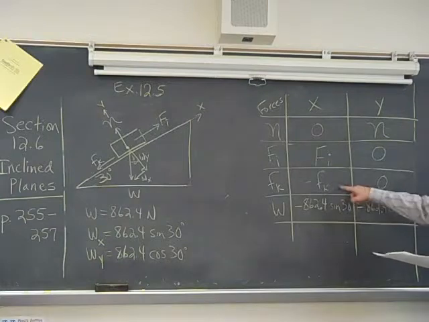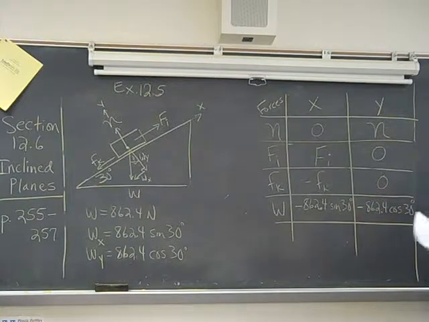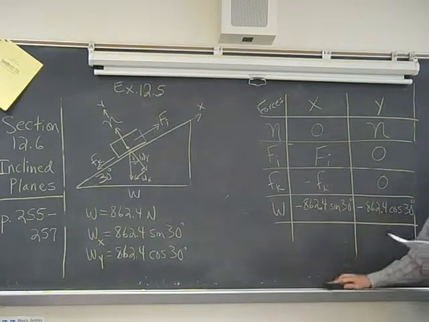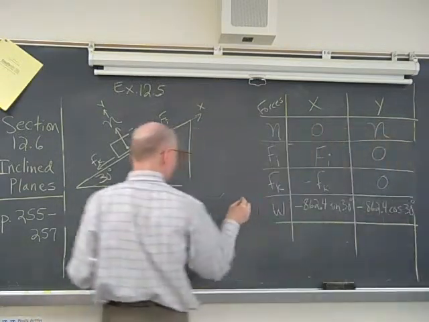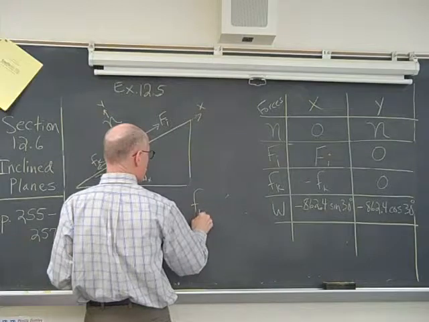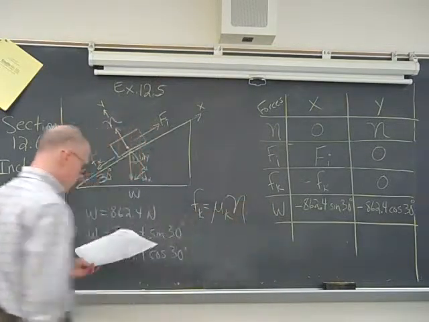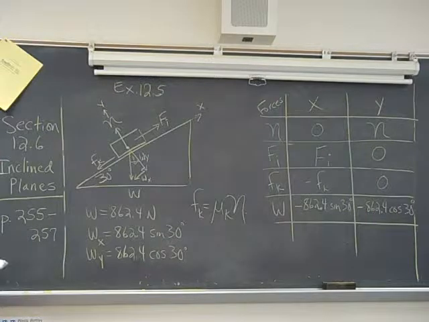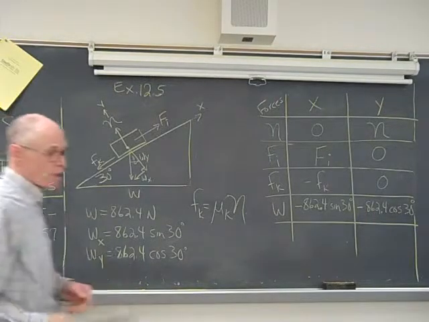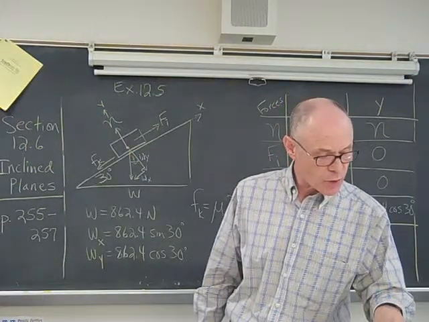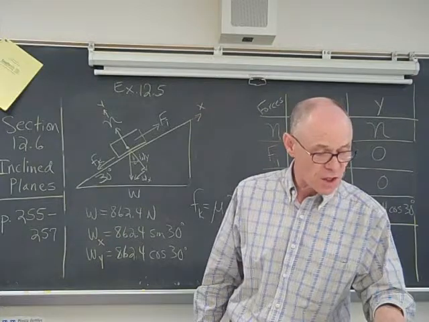Now the other thing we can do to move this table along is we can come up with an expression for the kinetic friction force. So you remember that kinetic friction force is equal to the kinetic coefficient times the normal force. You'll see early in the problem, in the very first paragraph at the top, we're told that the kinetic friction coefficient is 0.3.